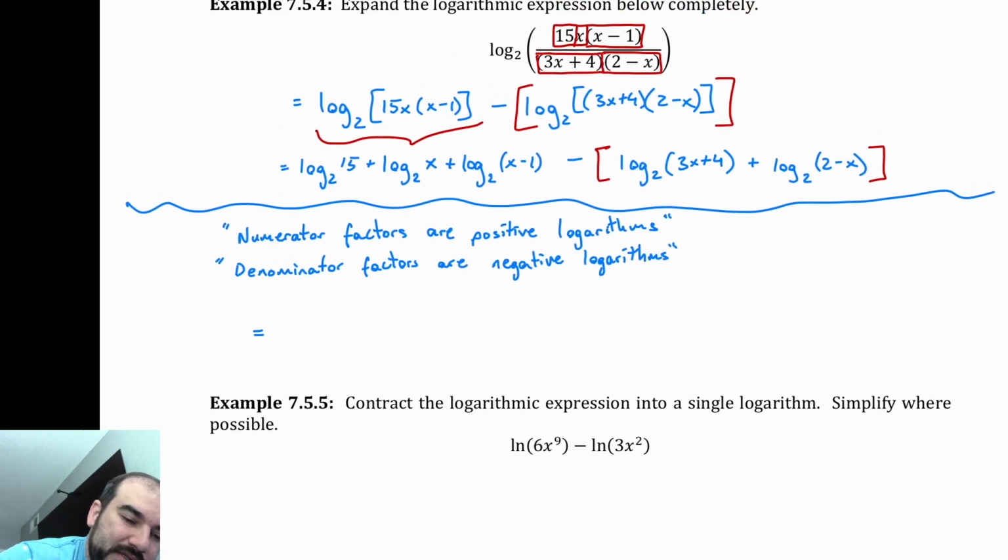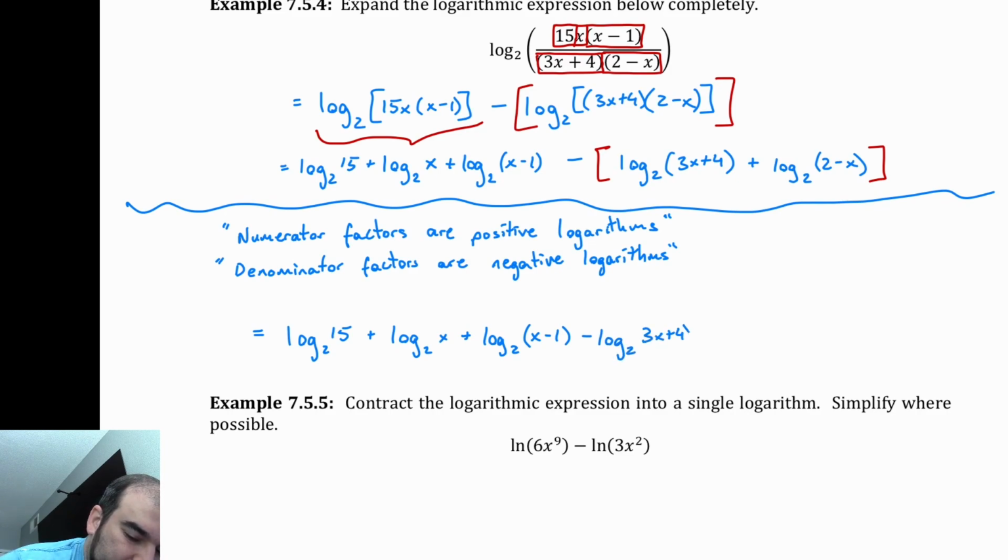So when I write this answer here, I can say a positive log base 2 of 15 plus a positive log base 2 of x, a positive log base 2 of x minus 1. And then for the denominators, I say a negative log base 2 of 3x plus 4 and a negative log base 2 of 2 minus x.